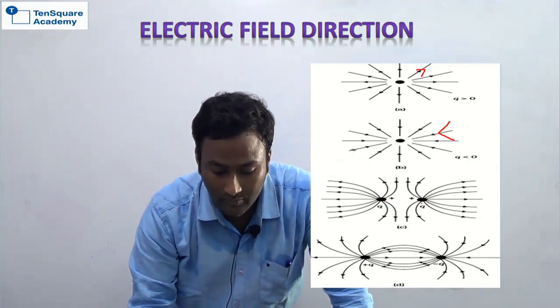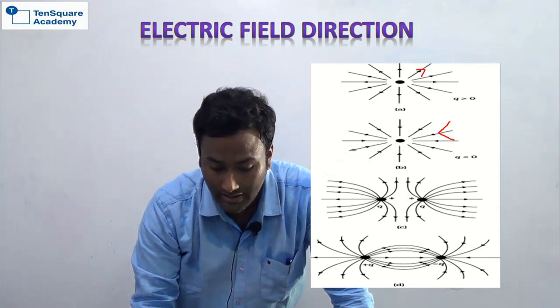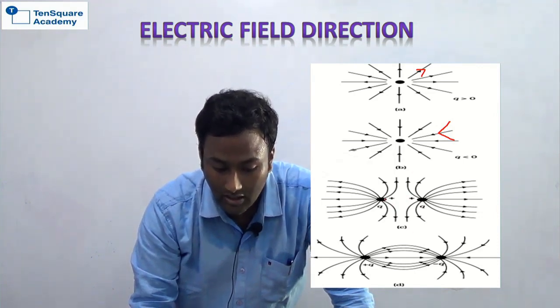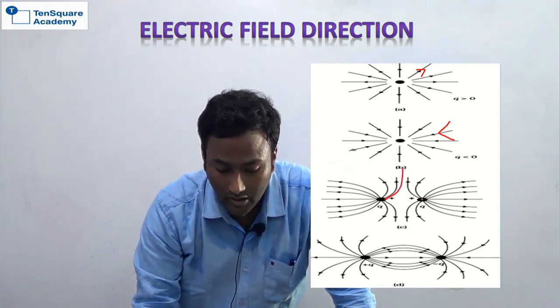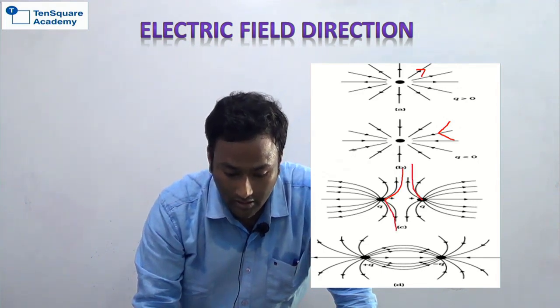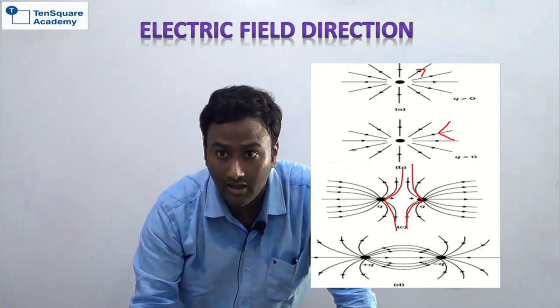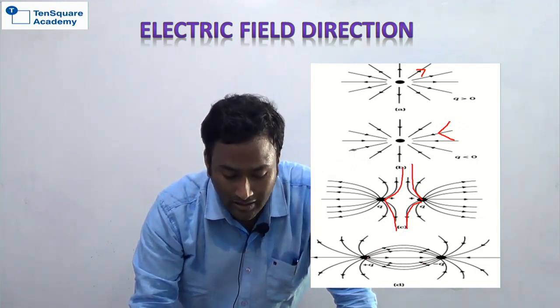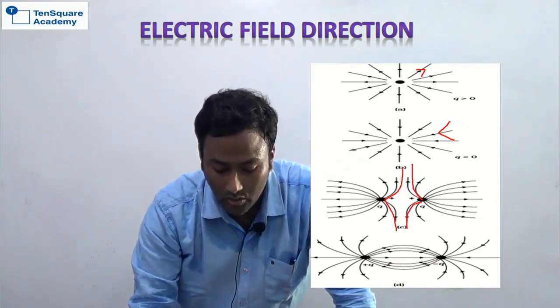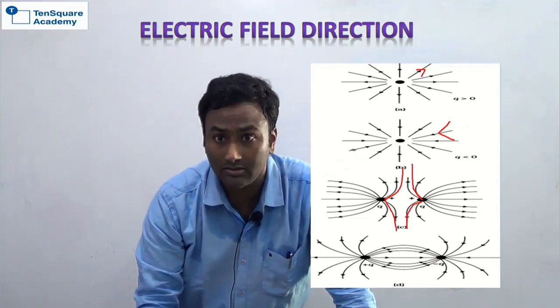So, both of them will not touch each other, the lines from each will not touch each other and they go in the outward direction. Similarly, the lines in a positive and negative, actually they attract each other. So, the lines from positive go to negative charge. This is important.